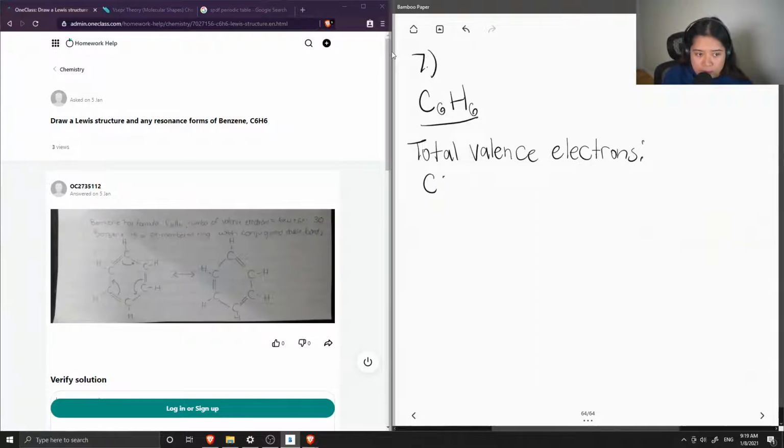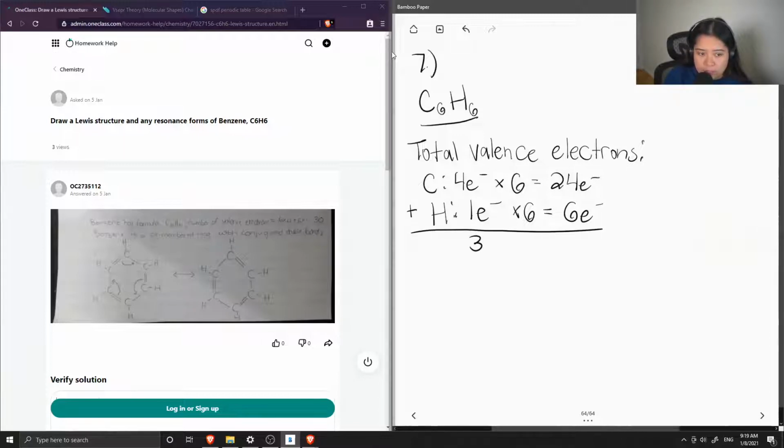So carbon has 4 valence electrons, and there are 6 carbon atoms. So we have 24. And for hydrogen, hydrogen has 1 valence electron. We also have 6. So if we add them up, we have a total of 30 valence electrons.